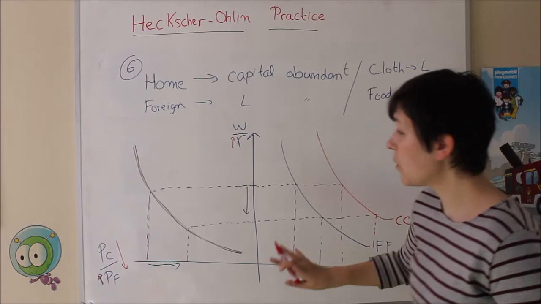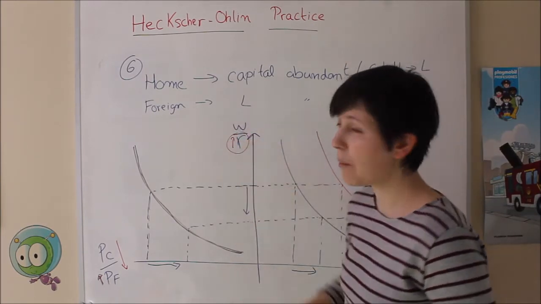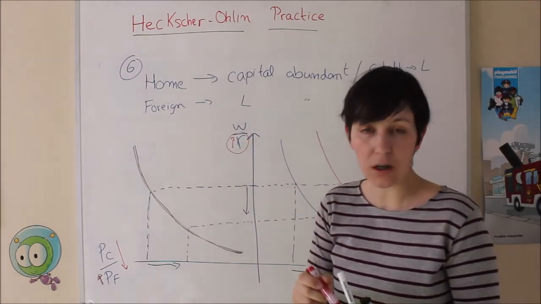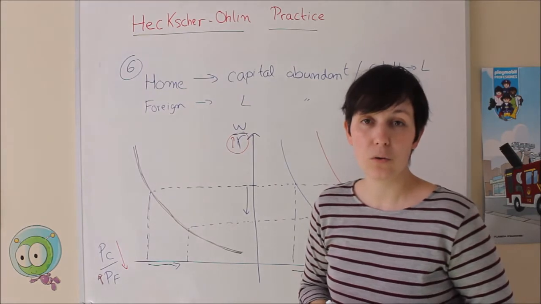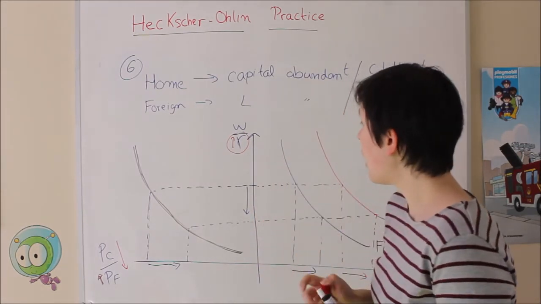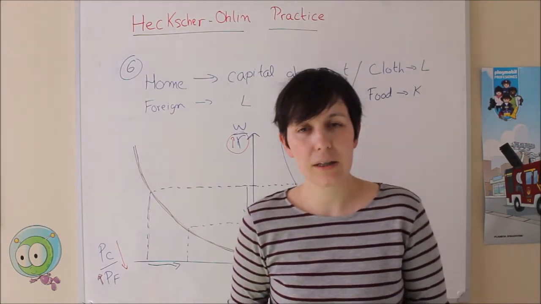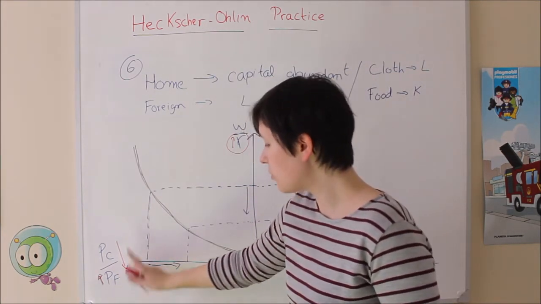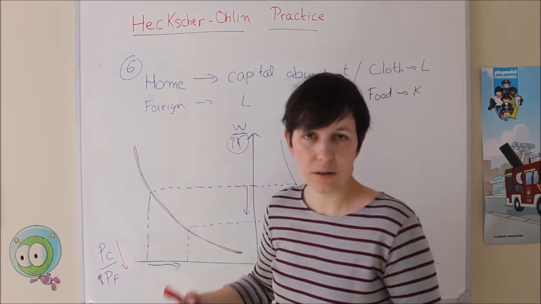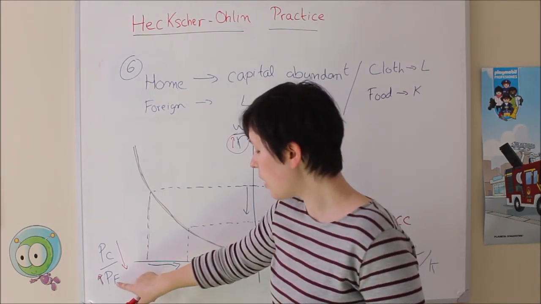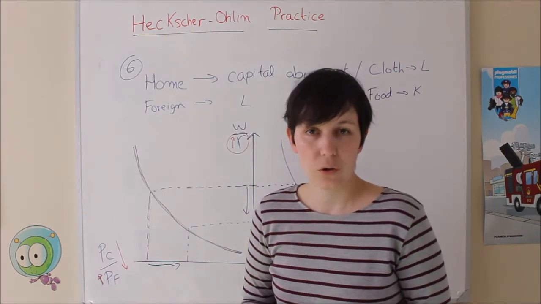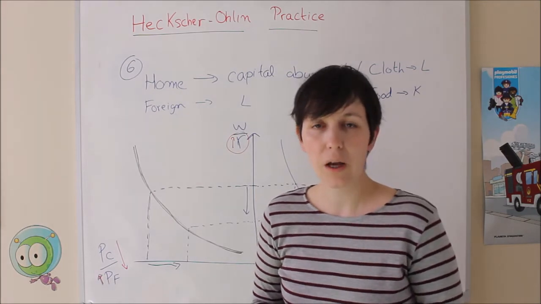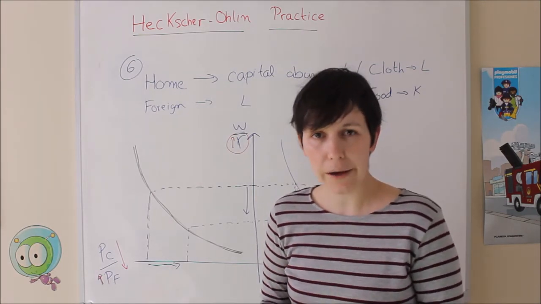In general, the winners are going to be the capital owners, while the losers are going to be the labor owners. One thing that I didn't say. Though the price of food is the one that is changed, so that good which uses labor and capital, the price of that good now is higher.